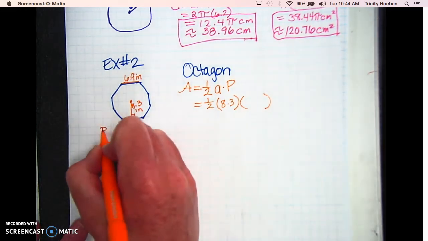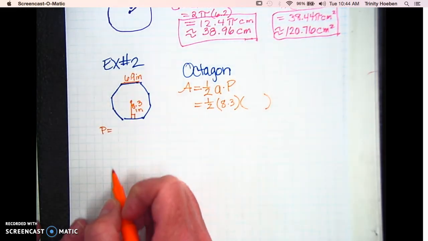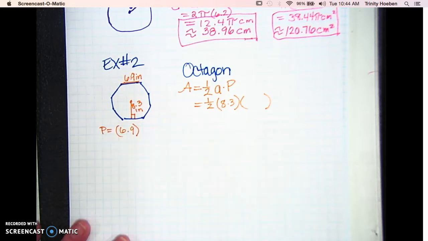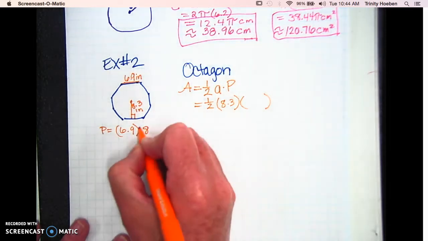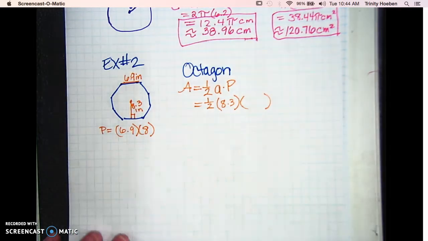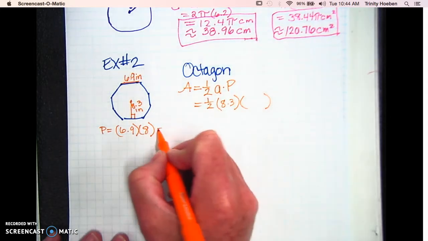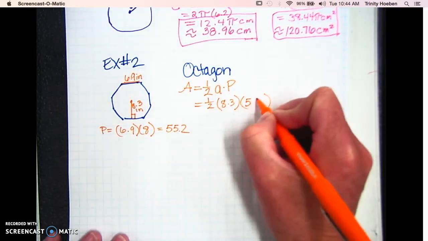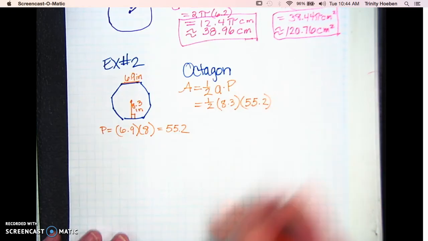We don't have the perimeter, but we do have one of the sides. One of the sides is 6.9. How many sides does this octagon have? 8. So to get the perimeter, we can take 6.9 and add it up 8 times, or we can multiply 6.9 times 8. You should get 55.2. So that's what goes right here, 55.2.